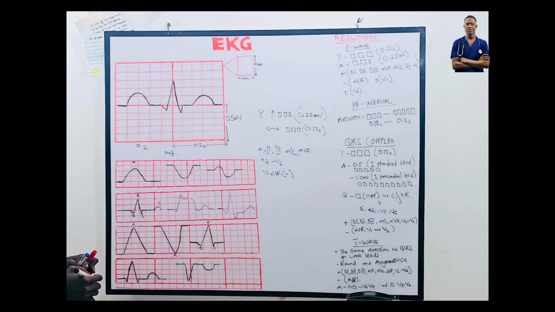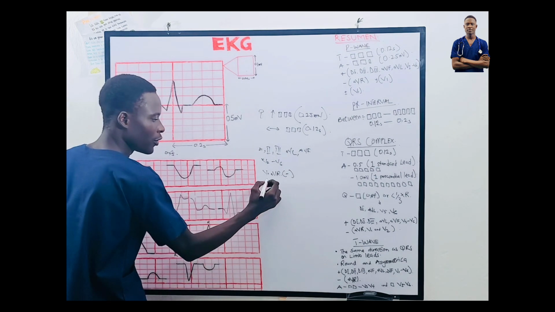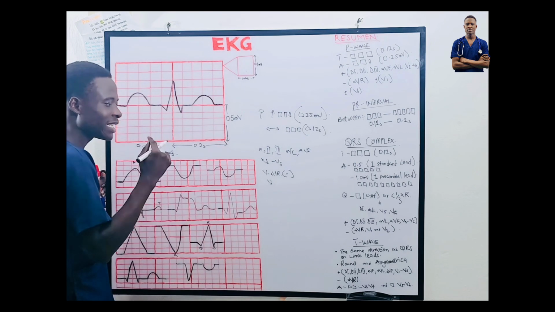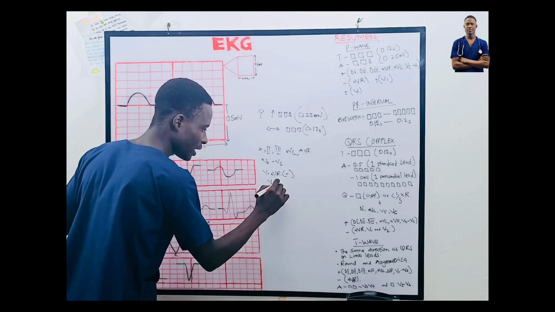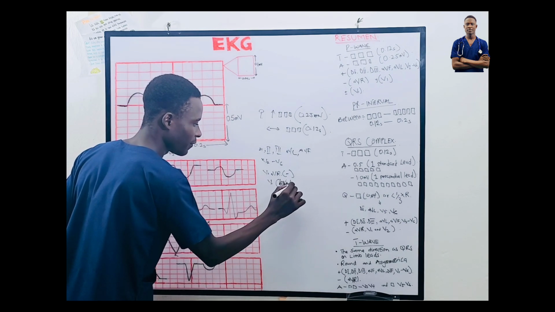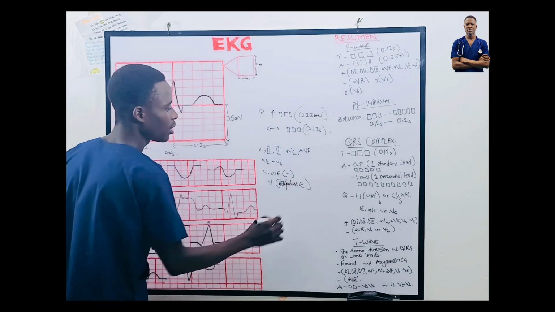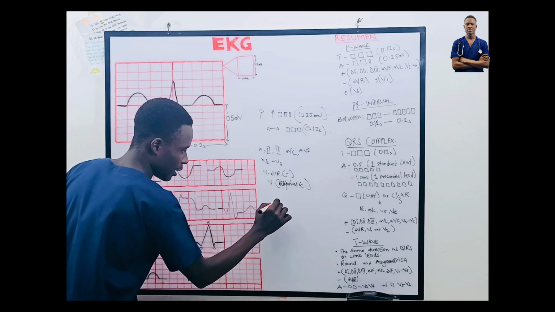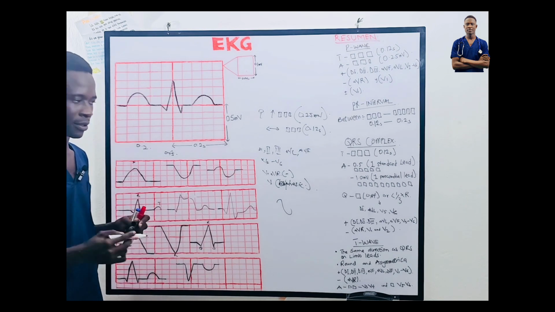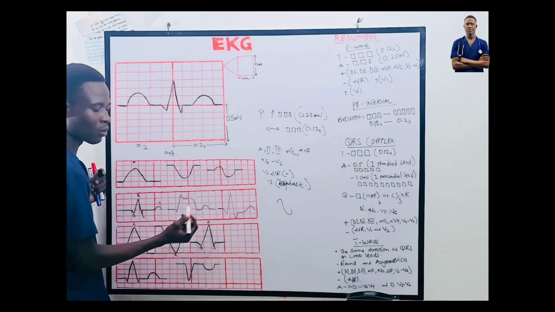And when you come to V1 also, sometimes you won't see it as negative. You will see it as biphasic, in the form of positive and negative deflections. This is the V1.